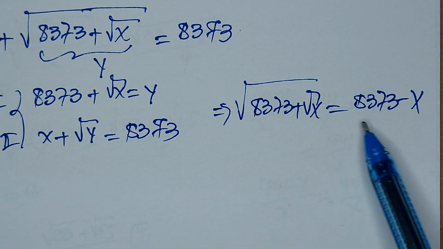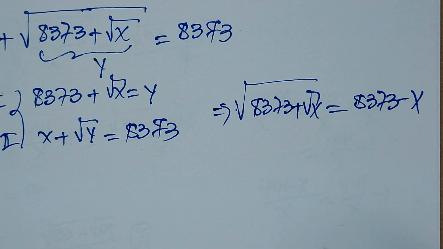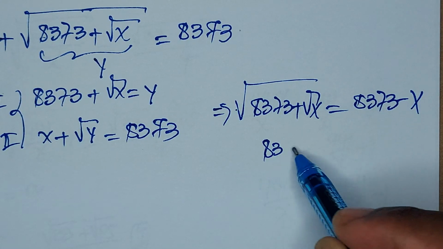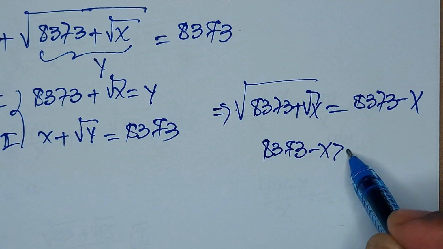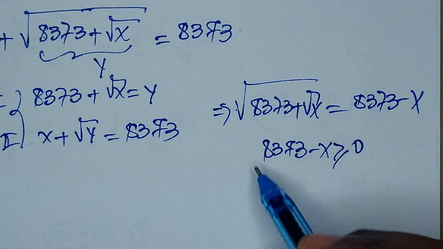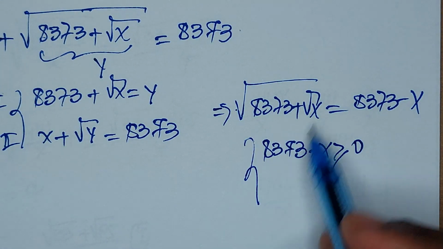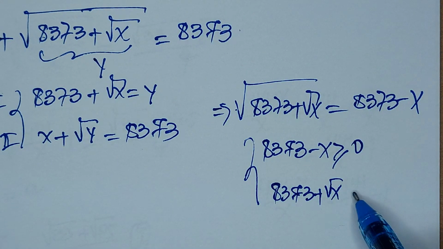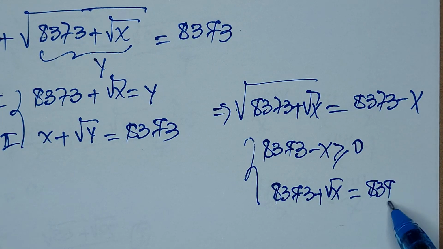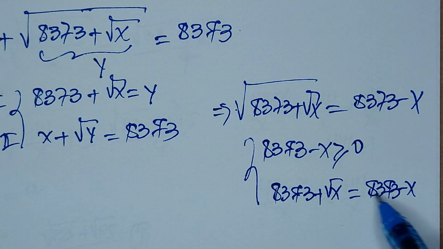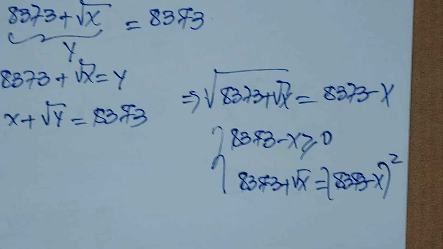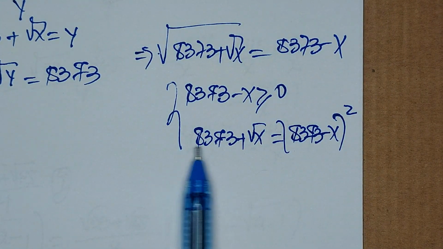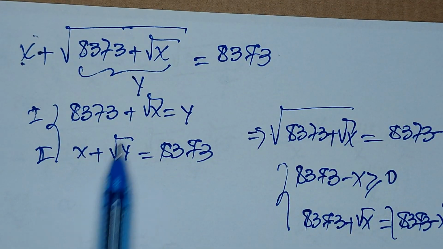Well guys, if I square both sides, I have to have that 8373 minus x has to be greater than or equal to 0, and then I will have 8373 plus square root of x equal to 8373 minus x, squared. And obviously guys, you could solve this problem doing that, but I'm not going to do that. That's why we made this substitution.